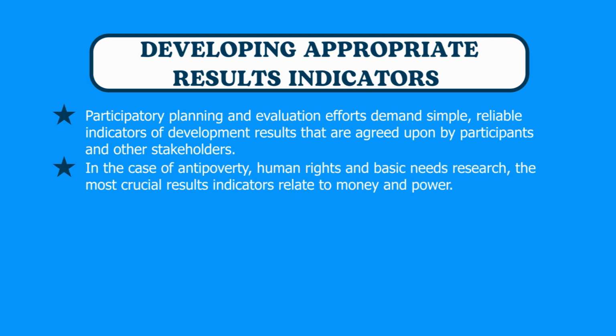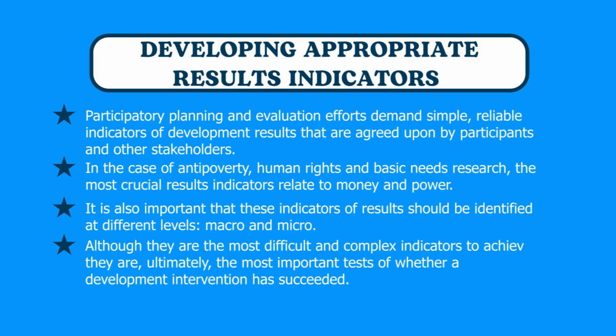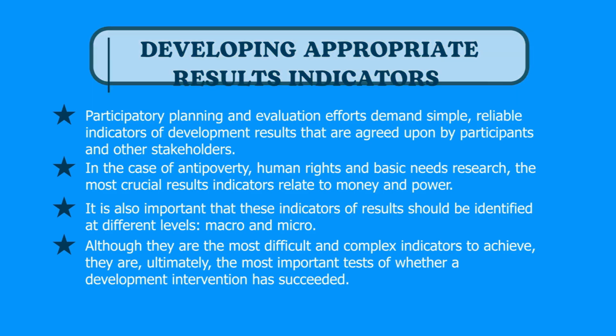In the case of anti-poverty, human rights, and basic needs research, the most crucial results indicators relate to money and power. It is also important that these indicators of results be identified at different levels, macro and micro, although they are the most difficult and complex indicators to achieve. They are ultimately the most important test of whether a development intervention has succeeded.